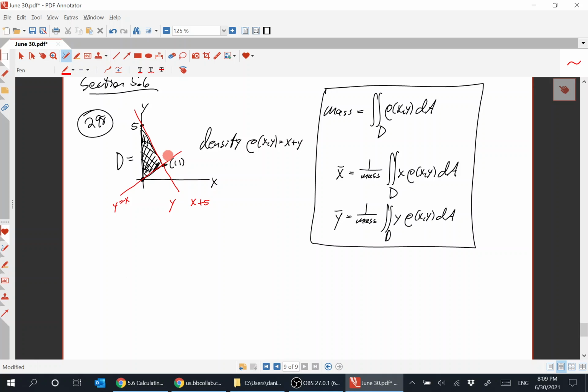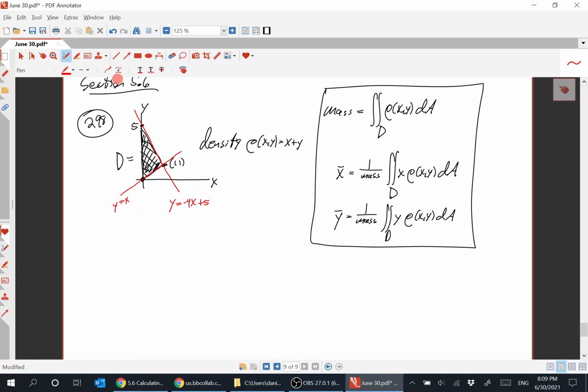Rise over run: the rise is -4 over the run is 1, so 1 minus 5 over 1 minus 0.